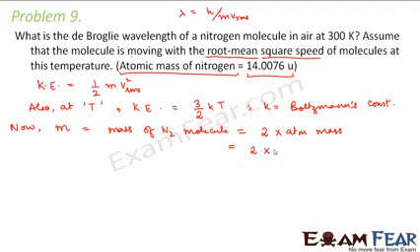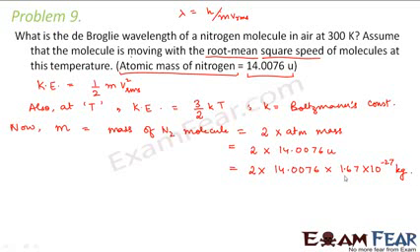So this will be 2 into 14.0076 atomic mass unit. If you want to convert it into kgs, what is one atomic mass unit? It is nothing but the mass of one proton, which is 1.67 into 10 to the power minus 27 kgs. So this is the mass of one nitrogen molecule, right? Now we have calculated M. Now we have to calculate V RMS, right?